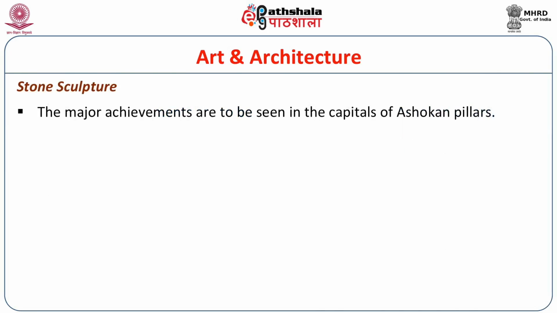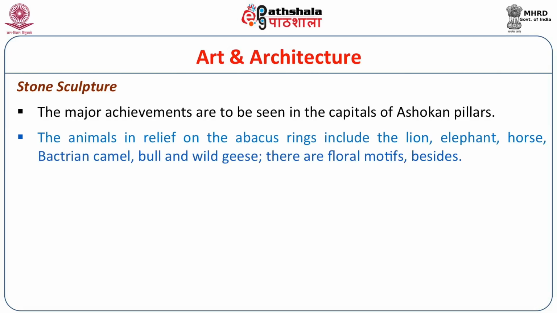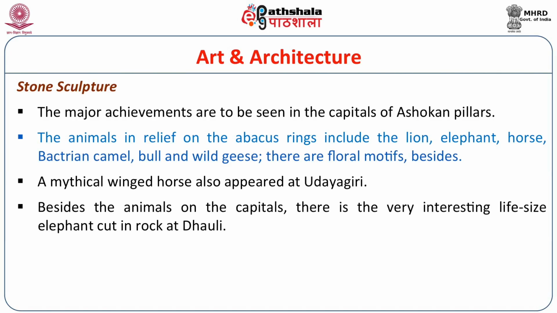Talking about the development in stone sculptures, the major achievements are to be seen in the capitals of the Ashokan pillars. The animals in relief on the abacus rings include the lion, the elephant, horse, the Bactrian camel, the bull, and wild geese. Apart from them, there are decorative floral motifs.